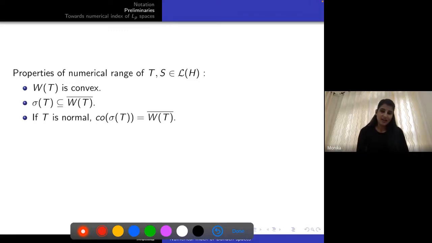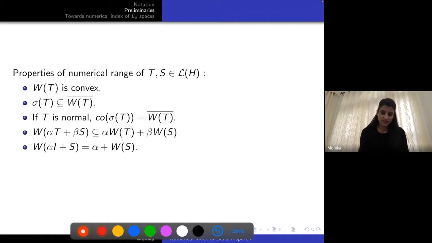If alpha and beta are scalars, then the numerical range of alpha T plus beta S is contained inside alpha times the numerical range of T plus beta times the numerical range of S. And if we replace T by identity and beta by 1, this inclusion changes to equality. It means the numerical range of alpha I plus S is alpha plus the numerical range of S.